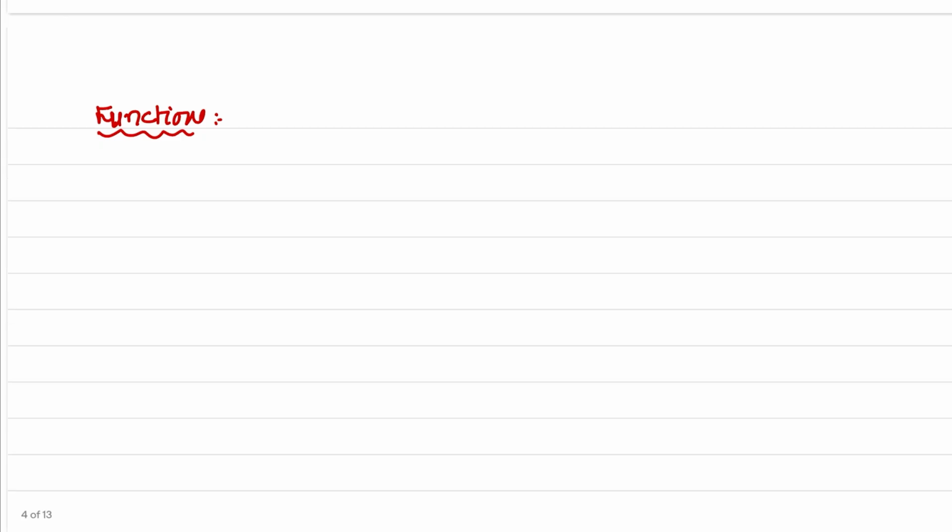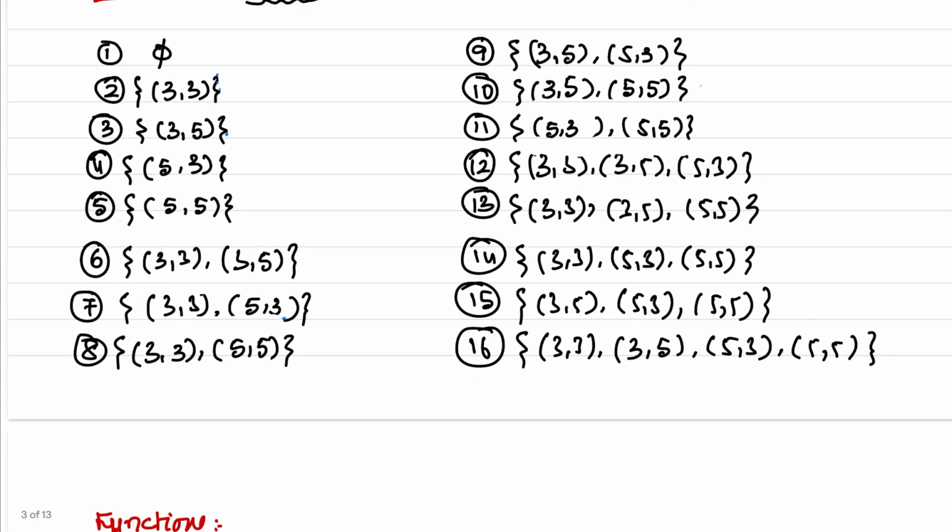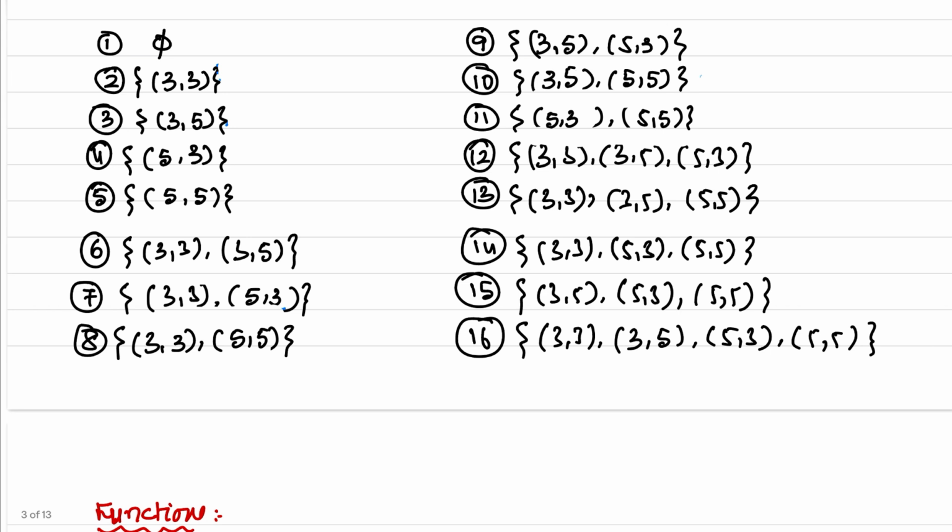All the elements in A should have an output, and each input can have only one output. Now, you please think, in 5 what is happening?